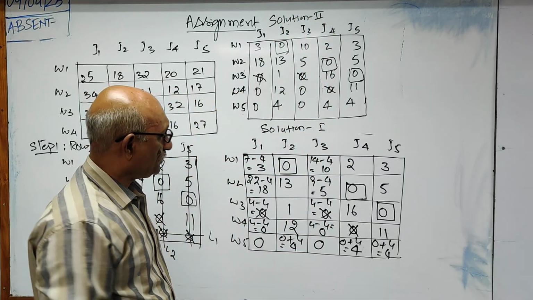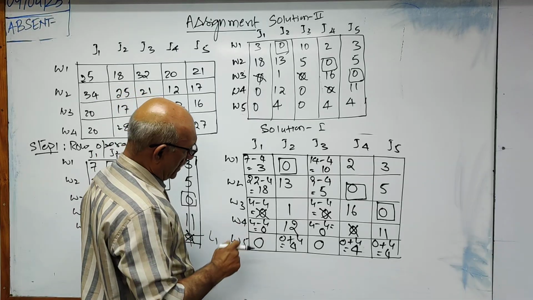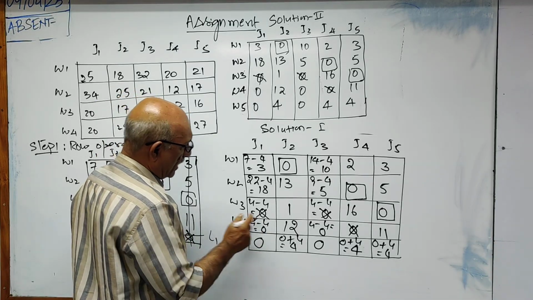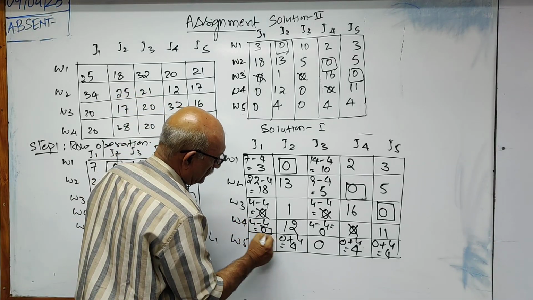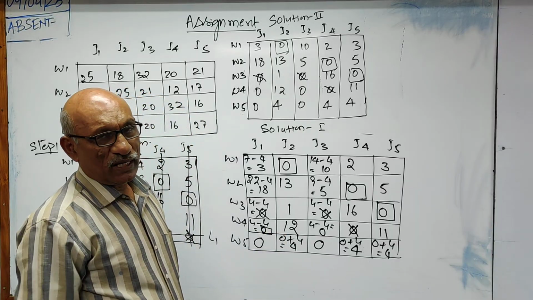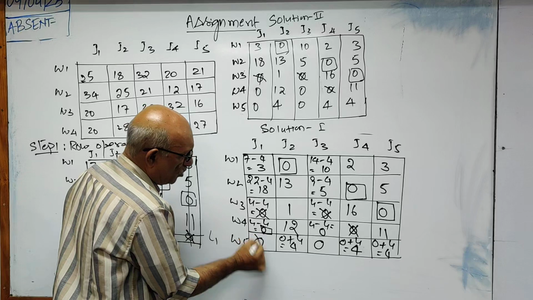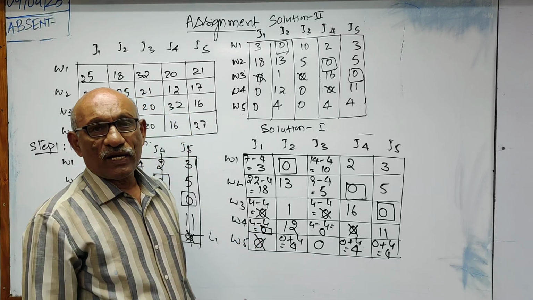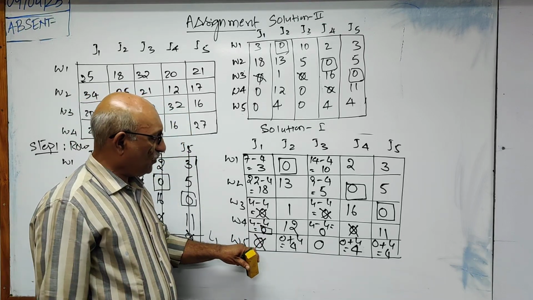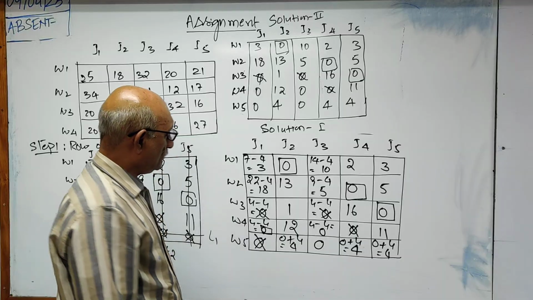Solution 2 here. Now what I am doing? Job number 1 I am assigning to worker 4. It means same job cannot be assigned to any other worker. So this 0 is eliminated.